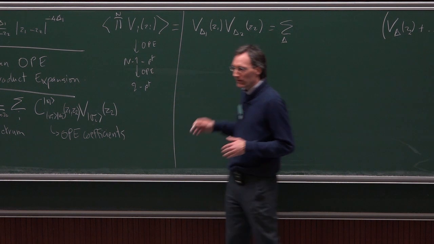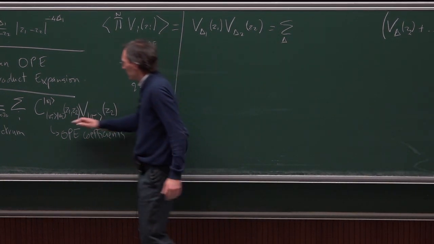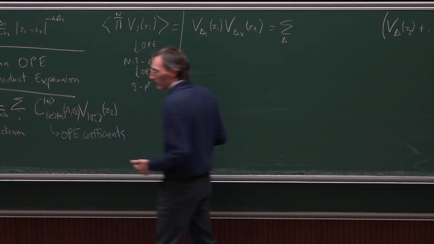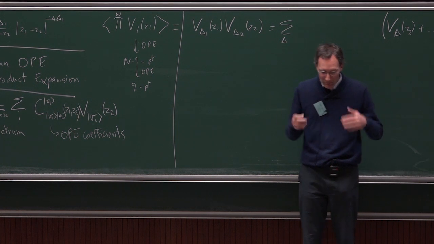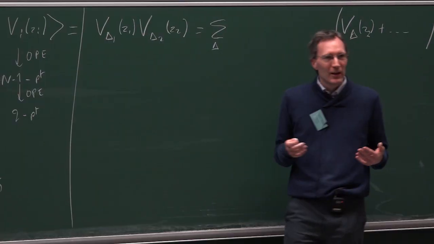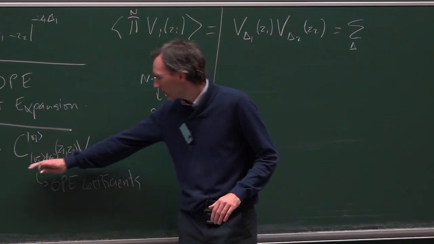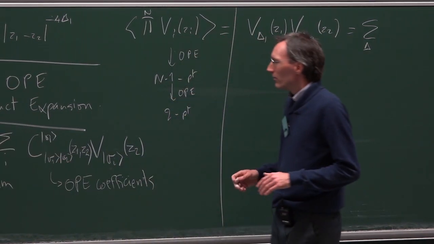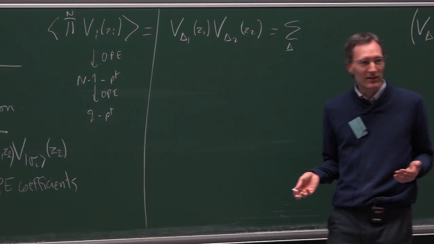Okay, so now let's constrain the OPE coefficients by using conformal symmetry. So in the same way as we can derive Ward identities for correlation functions, we can have Ward identities for operator product expansions which constrain these coefficients. Just as in correlation functions, the first Ward identity is translation invariance.